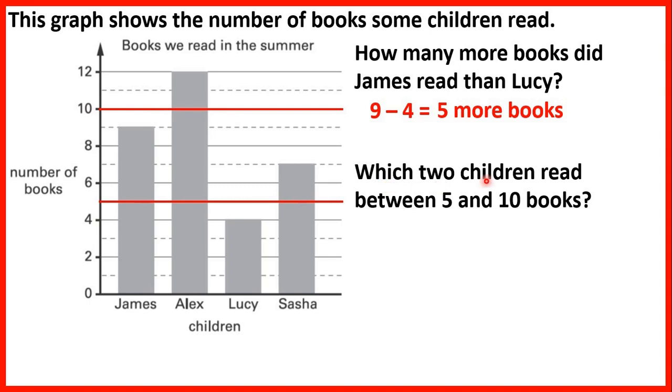Now we want the 2 children who read between 5 and 10, and we can see that the bar for James is between 5 and 10 because he read 9, and the bar for Sasha is between 5 and 10 as well. So the 2 children are James and Sasha. Alex read more than 10 books and Lucy read less than 5.